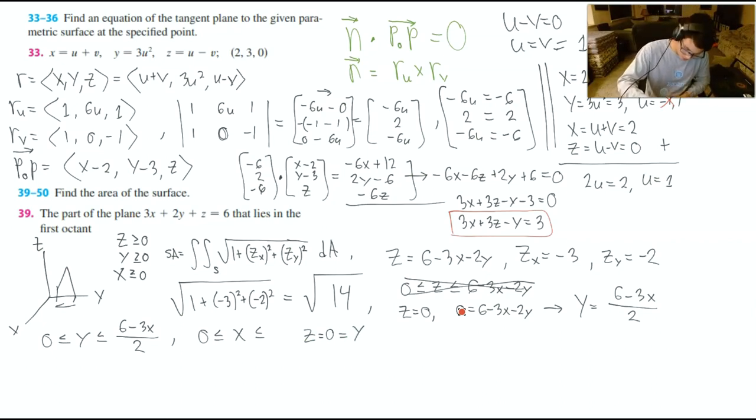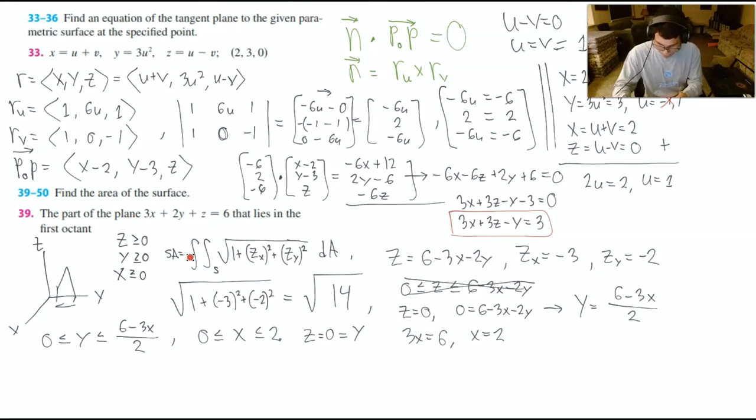Wait, one second, let me make it look a little bit nicer. We'll go back to this equation, and we're going to insert 0 into 2y and into z. So it's just going to be 3x equals 6. X is equal to 2 at its max. Okay, so then we can go back and write 2.